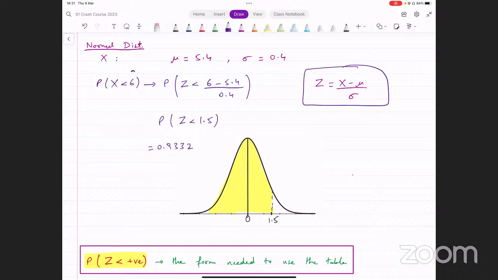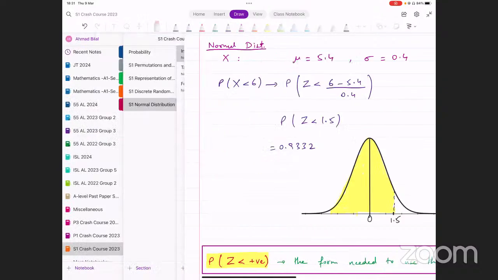We put x equal to 6, mu equal to 5.4, and standard deviation equal to 0.4. That gives us the probability of z less than 1.5. Once we have something in terms of z, we can use the table to find the probability.